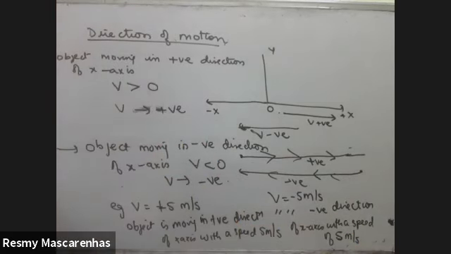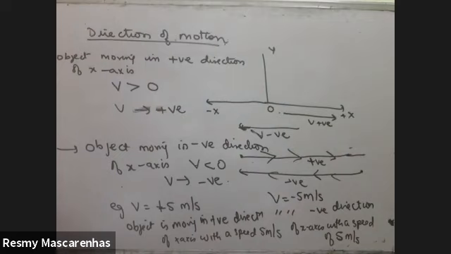Already you mentioned the direction, so you don't have to put a minus sign again. Already you are telling he's moving in the negative direction. By default you know that velocity is negative, but you don't have to write it again; minus into minus will make it plus again.